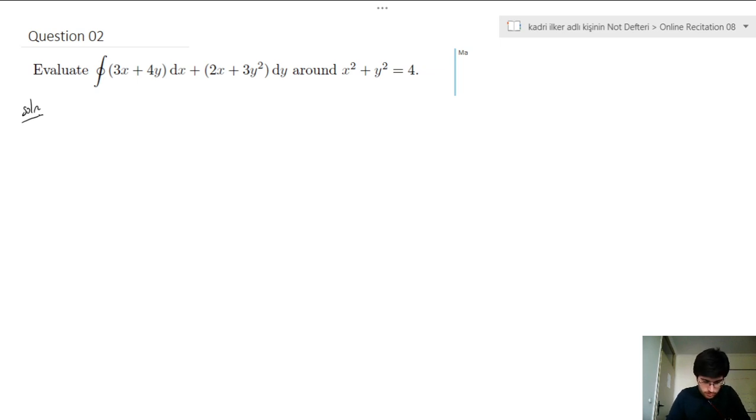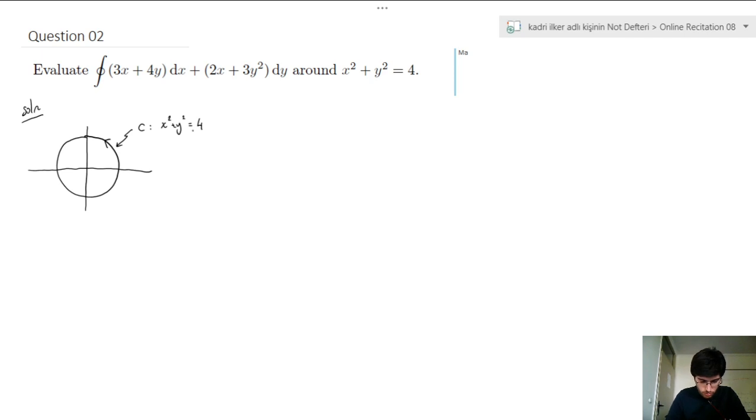Okay, so we have a picture like this. This is our boundary curve C, which is x squared plus y squared equals 4.